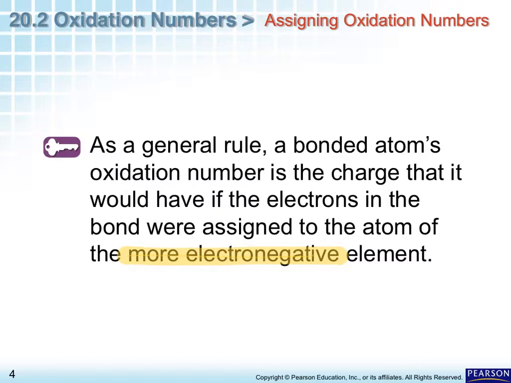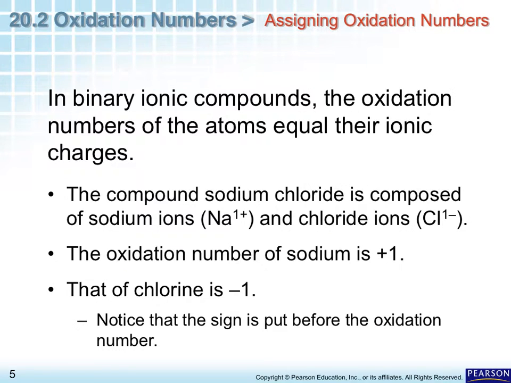Would it gain or lose electrons? So that's really the idea. It's kind of like assigning charge in a covalent bond, but not really. In ions, as we said just a minute ago, oxidation number is the charge.